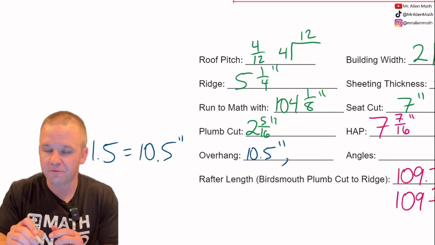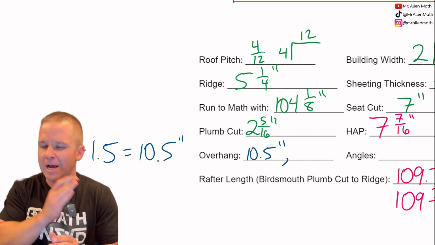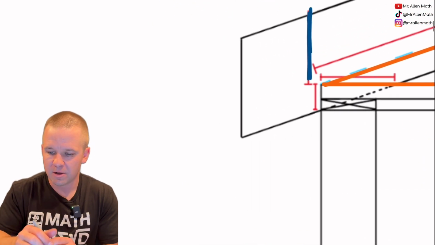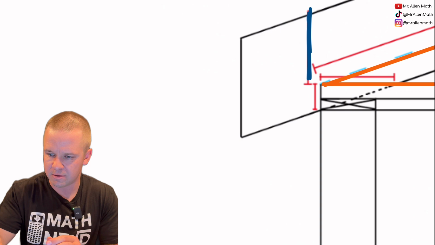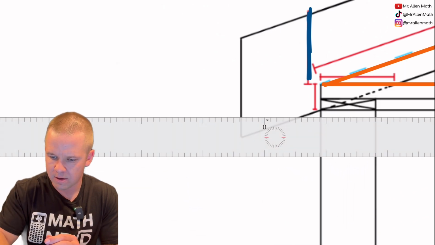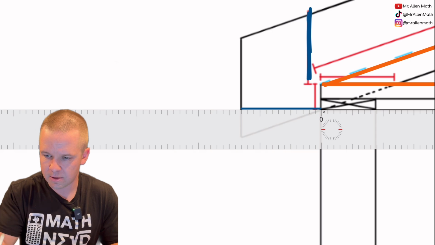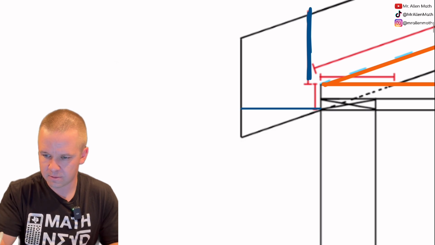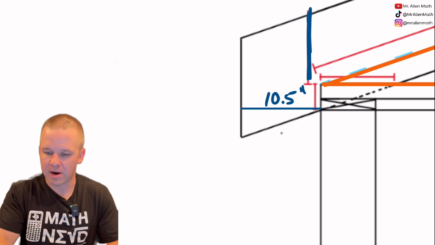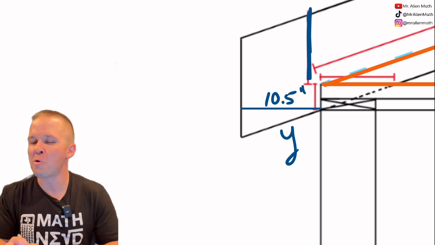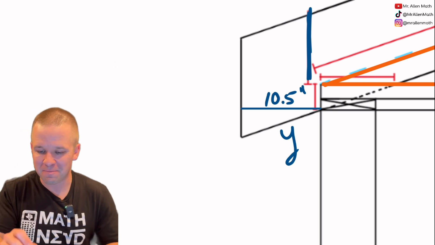And then let's also find the overhang diagonally down the rafter. Check this out. What we just said was that this dimension, let me pull my ruler real quick, this dimension right here is 10.5 inches. And I want to figure out what this guy is right here. I'm using Y for a reason, because we've used it in the past.